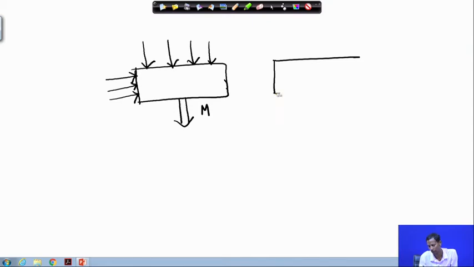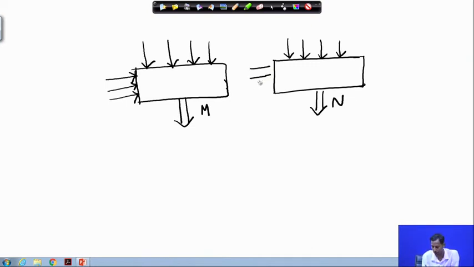The same thing is for n, only the input values will be different. This is for n, and this is the LSB of n.